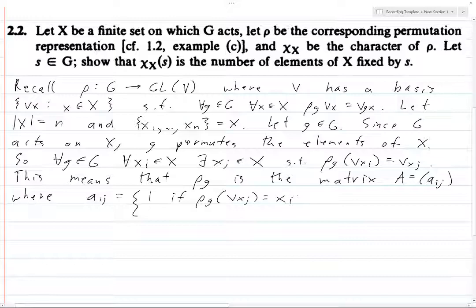Why did I flip from xi to xj? Because that's how this is defined. Right? Because what you have is this matrix A and you're multiplying on the left by some Vxi. And so what's going to happen?